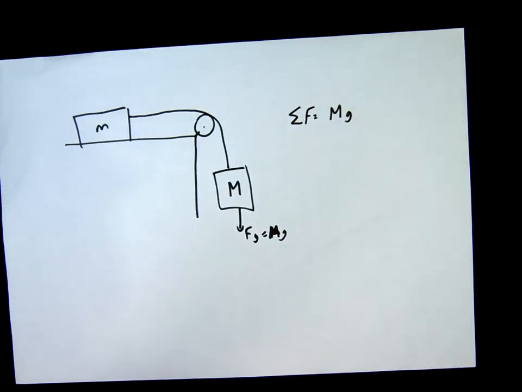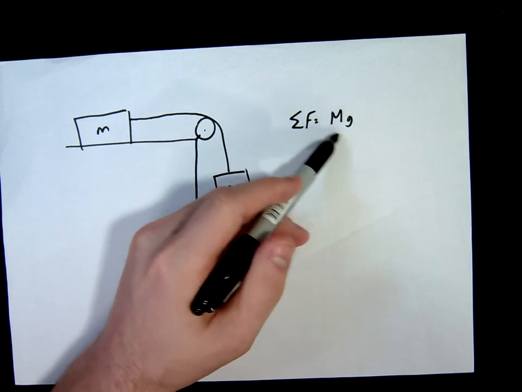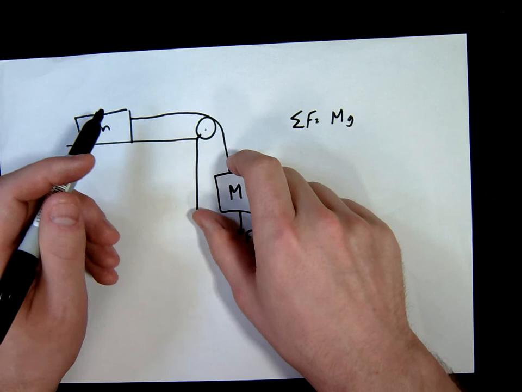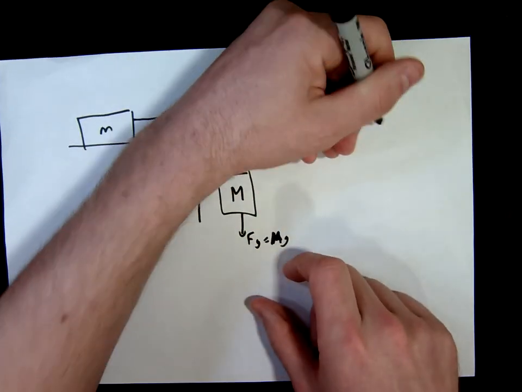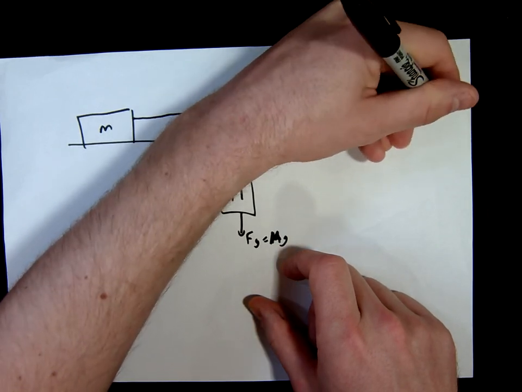The problem is, which M do I choose for the net force equal to Ma? This is my net force, but what's it accelerating? This mass and this mass are all going to accelerate at once. Because the whole thing is accelerating, I have to make that equal to m plus big M times a.